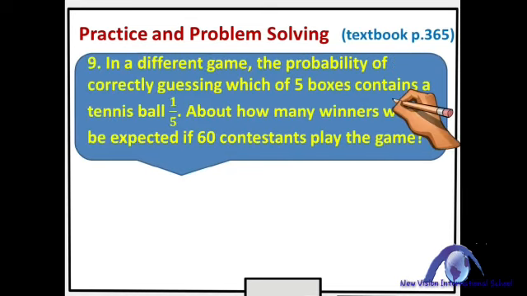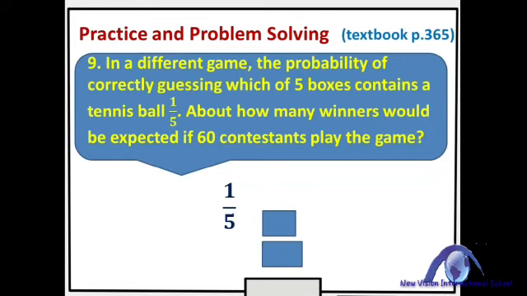Item 9. In a different game, the probability of correctly guessing which of the 5 boxes contains a tennis ball is 1/5. About how many winners would be expected if 60 contestants played the game?